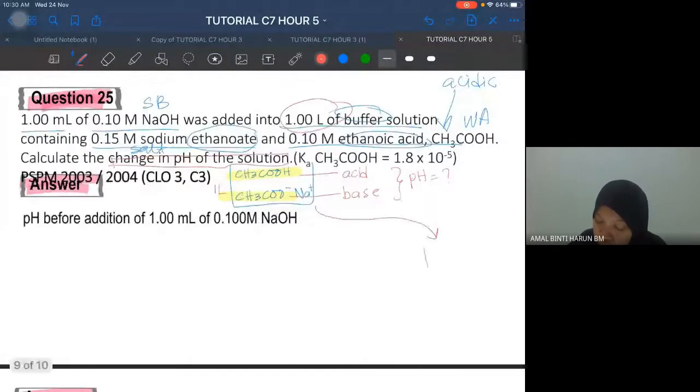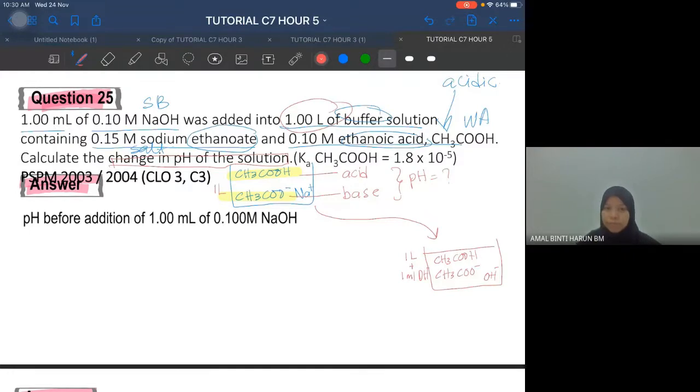Sekarang buffer kita ni dah tak jadi 1 liter dah. So 1 liter plus 1 ml of OH minus added. So dalam ni ada CH3COOH, CH3COO minus dan ada OH minus added. Okay. So kita nak tahu pH setelah kita tambah base.